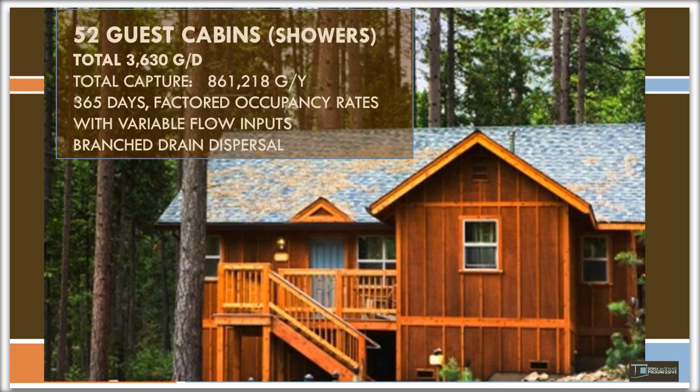We have 52 guest cabins that are mainly all showers. They're almost all branch drain systems, and this is the best case scenario as far as maintenance and actual plant productivity. We've had the best case scenario in every measure with the branch drain dispersal.